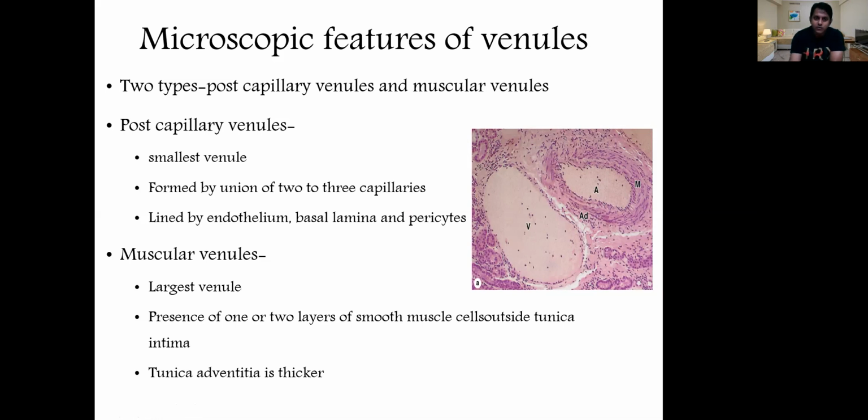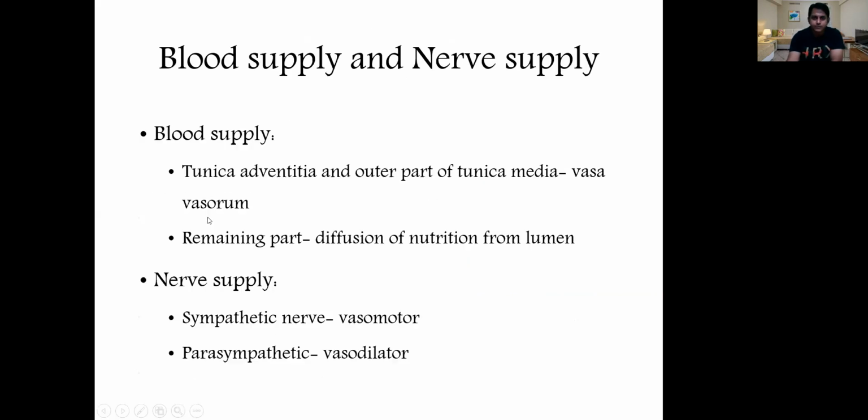The smaller venules have endothelium, basal lamina, and pericytes, as they are formed by the union of 2 or 3 capillaries. The muscular venules are the largest, and there is a presence of 1 or 2 layers of smooth muscle cells outside the tunica intima, and the tunica adventitia is a bit thicker. So that's the difference between the two types of venules.